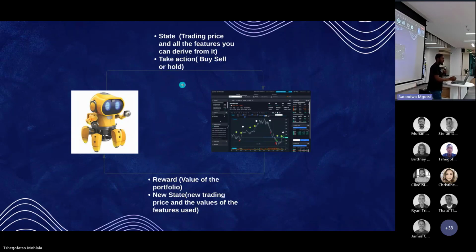Your action, you can either buy, sell, or hold, and then your environment might be your broker. From there, you get a reward. Your reward is just the value of your portfolio. And then you get a new state, which is a new trading price and the features that you are using, and you follow the same process again.